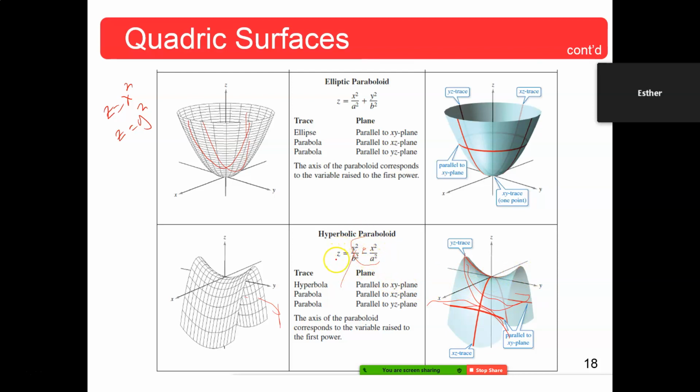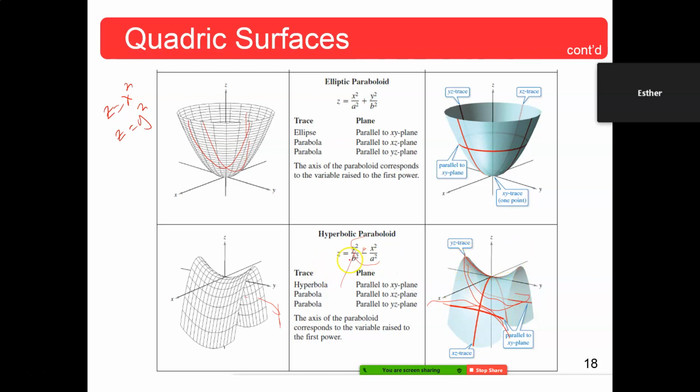Set z equal to 0 or z equal to any number, and you have a hyperbola there. Now it's a paraboloid, because you have a parabola this way or this way.